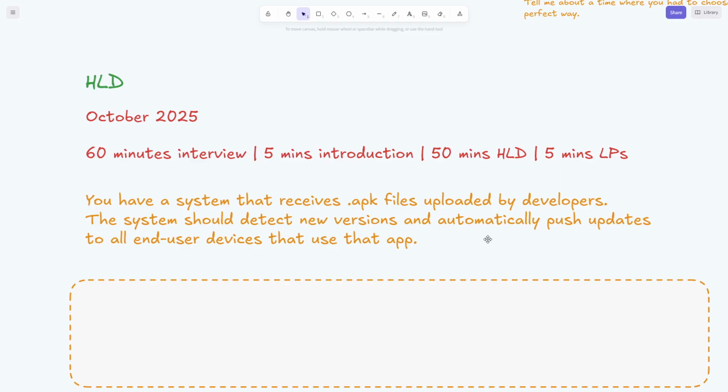Think of it as a smart TV. Like in our smart TVs, we get updates for Netflix, Amazon Prime, and all such applications, right? So we had to design a system which should be able to push these updates to the end user system. So this was the question, and the interviewer made sure that I understood the problem statement really well.